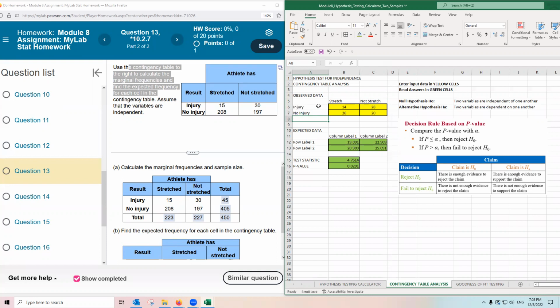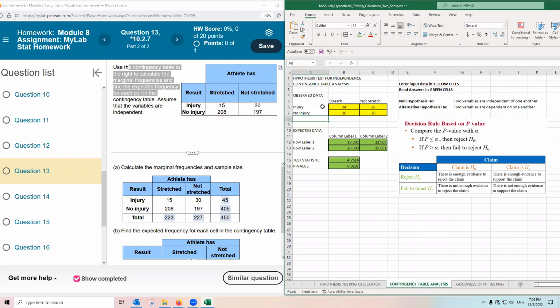Or maybe it doesn't depend on, maybe they're independent. If these two quantities are independent, it would say it doesn't matter if you stretch or don't stretch before a sports game, the rate of injury stays the same. There's no dependence. Or maybe we're going to find that there is a dependence. Maybe it does make sense to stretch before a game in order to reduce injuries.